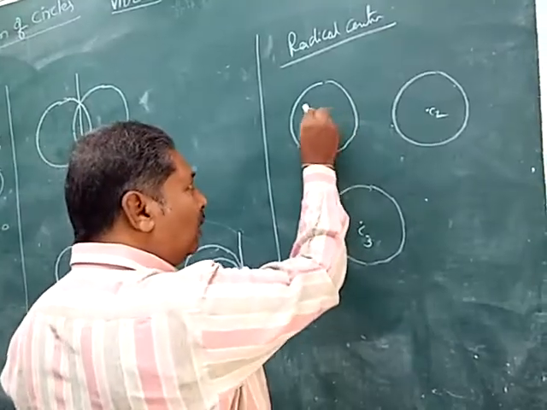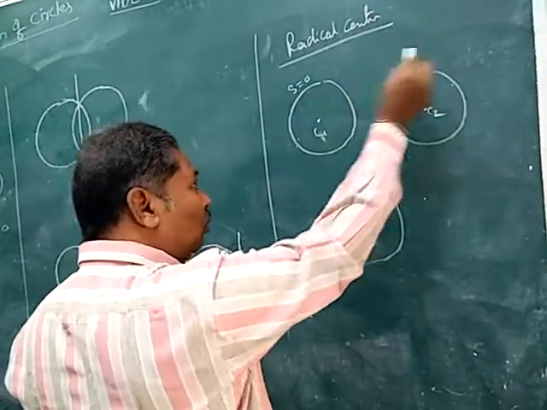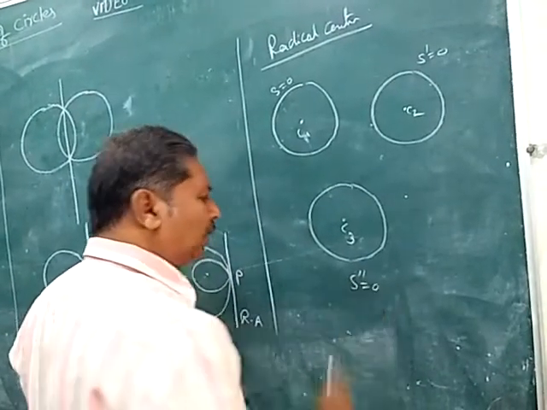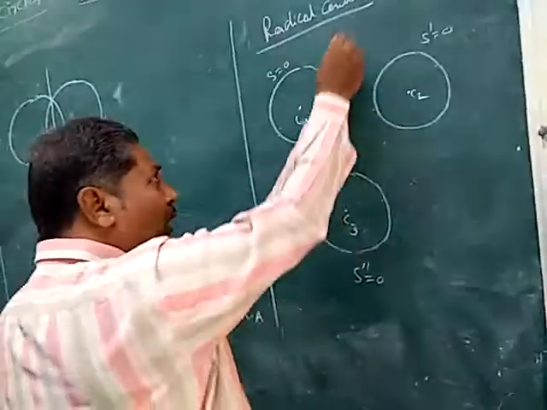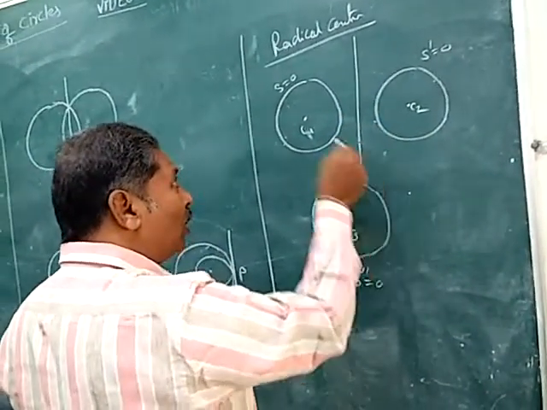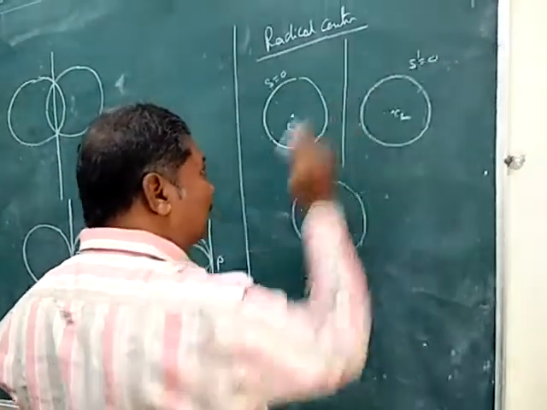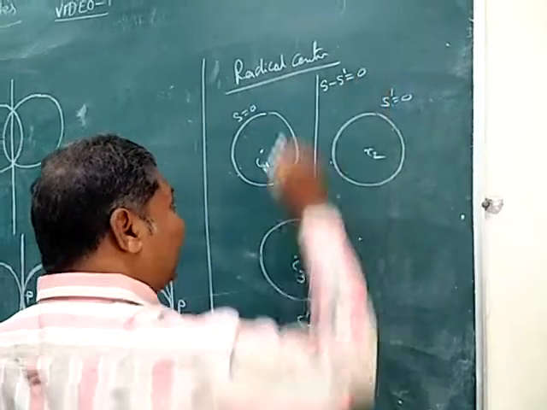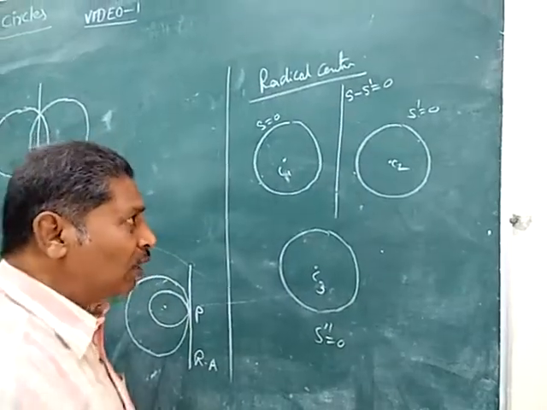This is S equal to 0, S dash equal to 0, and this is S double dash equal to 0. The radical axis of S equal to 0 and S dash equal to 0 is S minus S dash equal to 0.